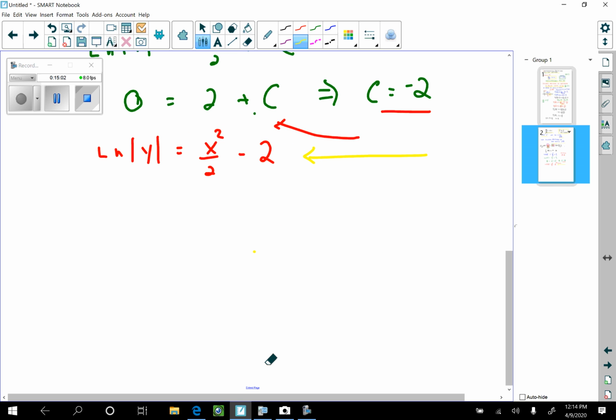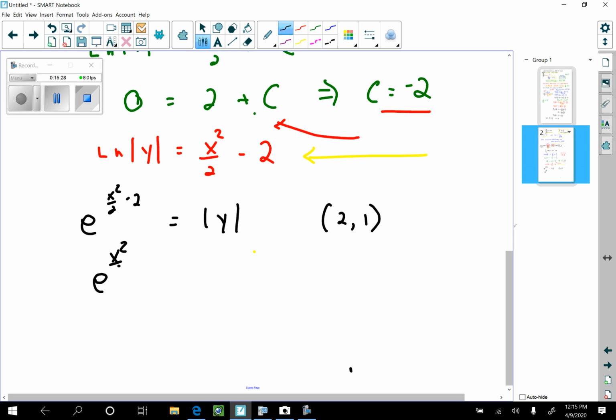What am I going to do? I'm going to use the definition of logarithms, and I'm going to say e to the x squared over 2 minus 2 is equal to the absolute value of y, just using the definition of a logarithm. But I notice my initial condition was 2 comma 1, and 1 is positive, so I can write my y this way.